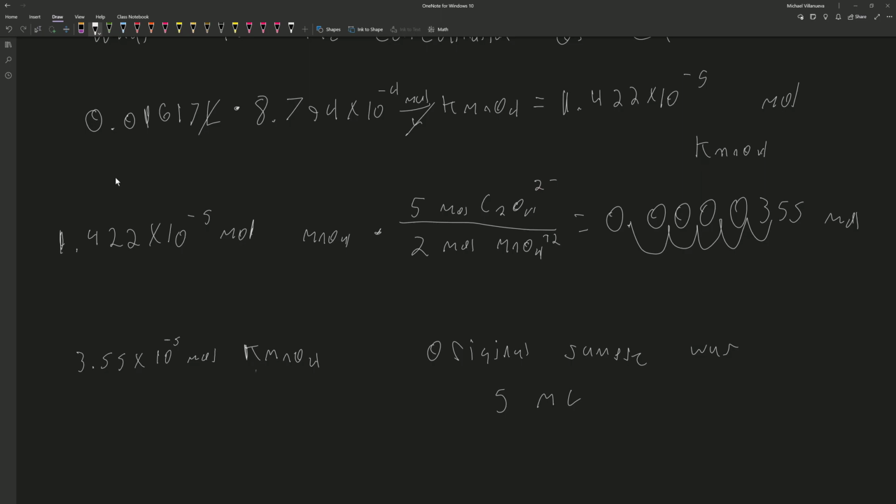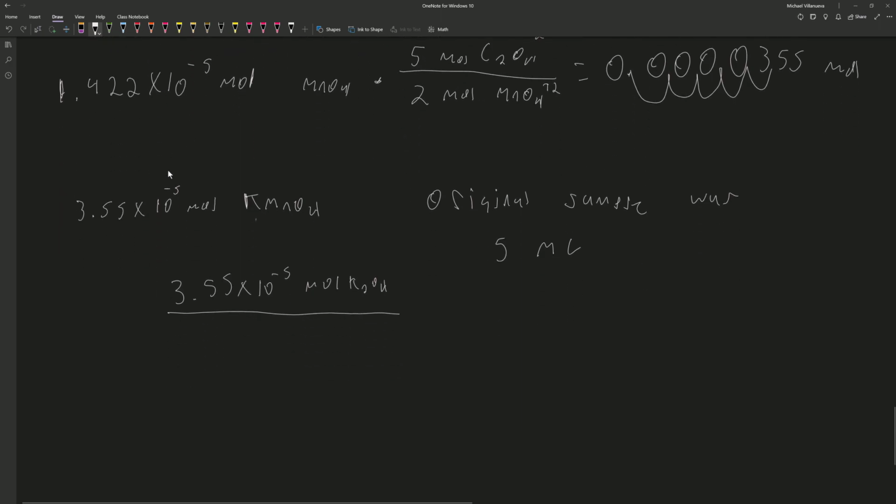What that says is, if I take this 3.55 times 10 to the negative fifth moles and I divide it by 0.005 liters, it would mean that my original sample contained 0.00711 molar Ca.